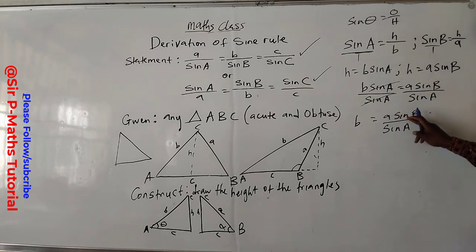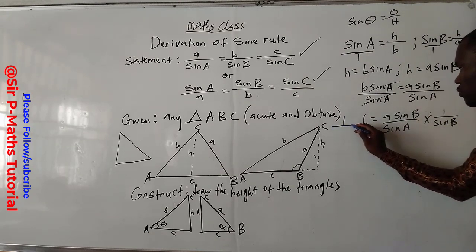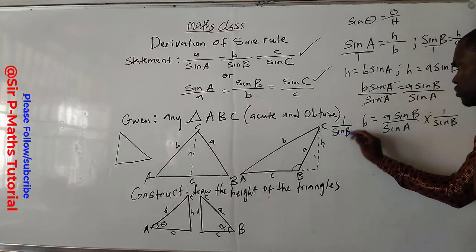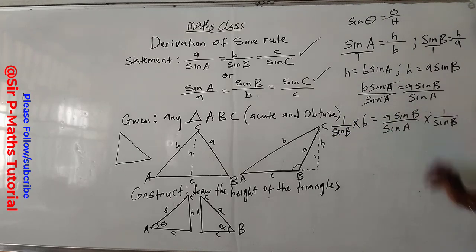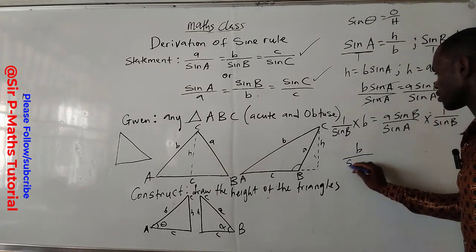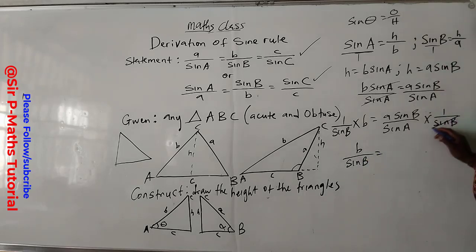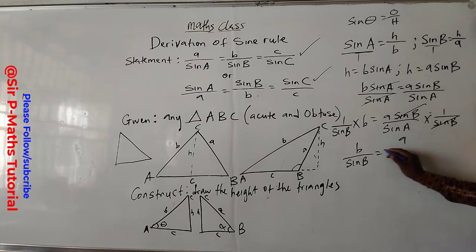To divide by sine b, since sine b is a numerator, that means we'll multiply by 1 over sine b. Multiply both sides. That is 1 over sine b. We are multiplying the two sides of the equation. So b times 1 will give me b over sine b equal to, b will cancel b here. I will have a over sine a.